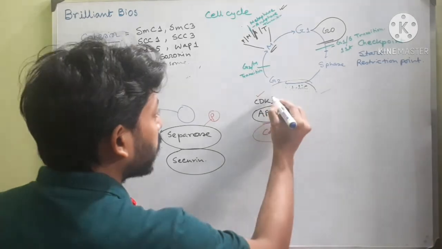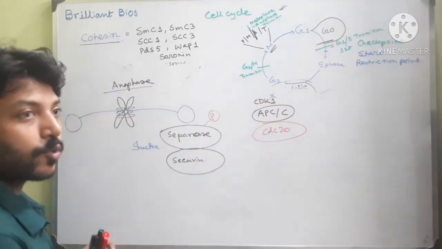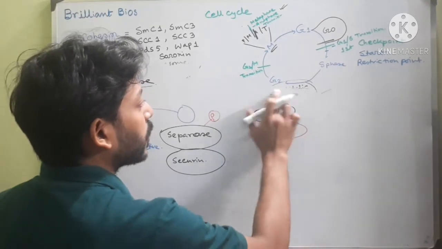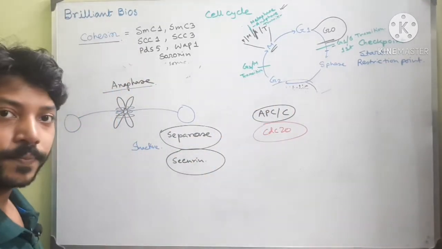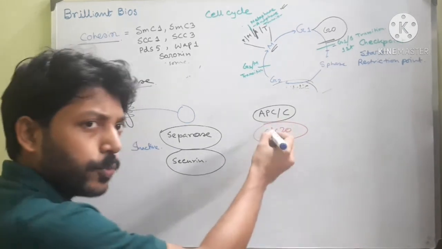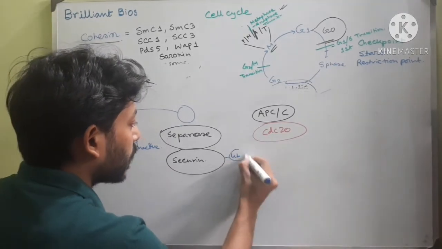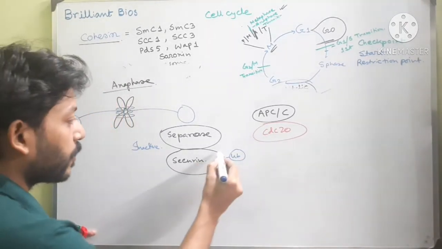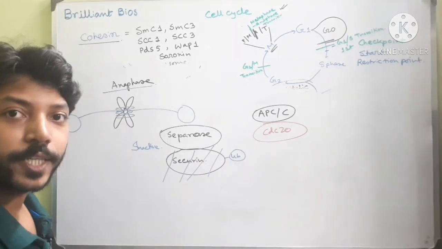This protein first degrades the M-phase CDK. So CDK1 is not there during the anaphase, so it cannot phosphorylate this separase. Another thing is that this is a ubiquitin ligase enzyme that ubiquitinates securin and helps in the degradation of securin by proteasomal degradation.